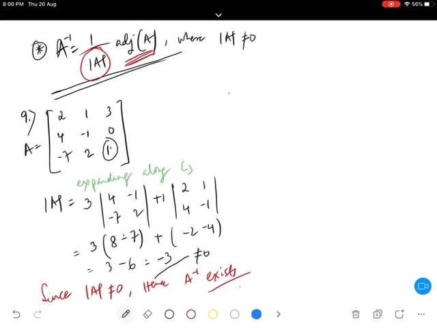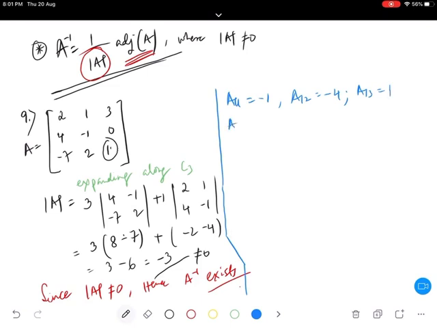So tell me one by one, what is A11 equal to? Fast, fast. Minus 1. What is A12 equal to? Fast. And what is A13 equal to? Are you sure? You are finding A13, or what?